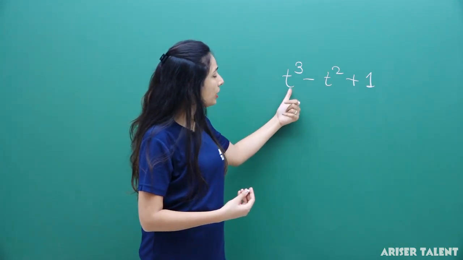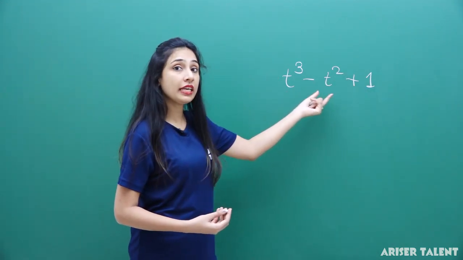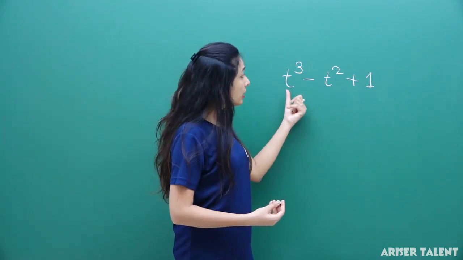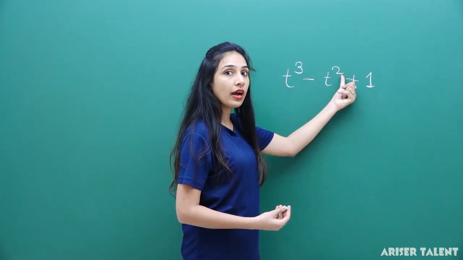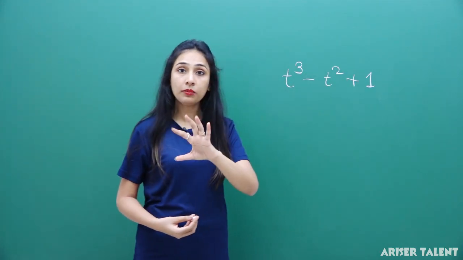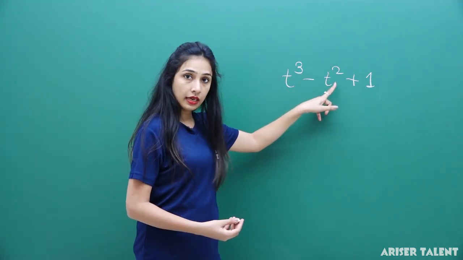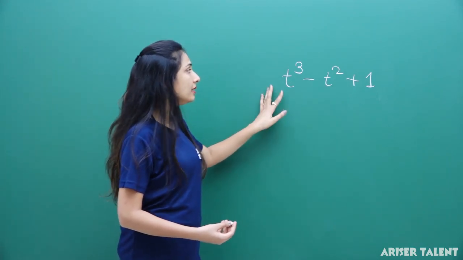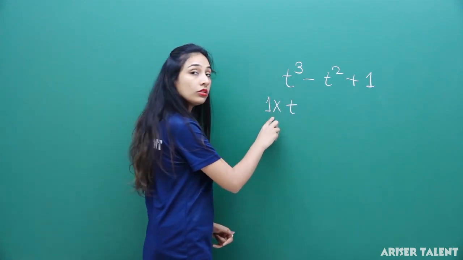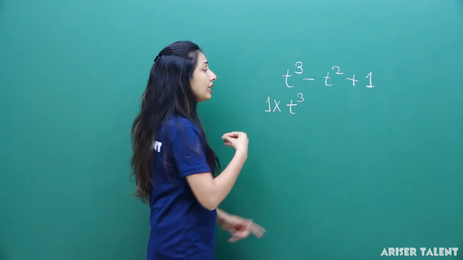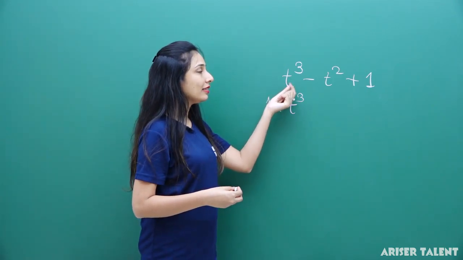So if I am telling you t cube minus t square plus 1, here I am having t as my variable, and the powers 3 and 2 are whole numbers. In the variable there is a hidden constant, and the variable t has a whole number power. That makes a term.